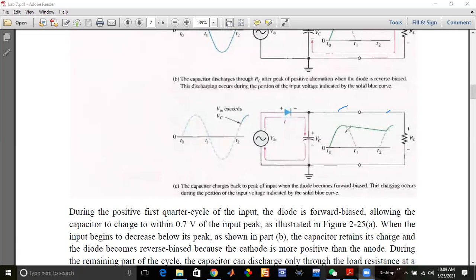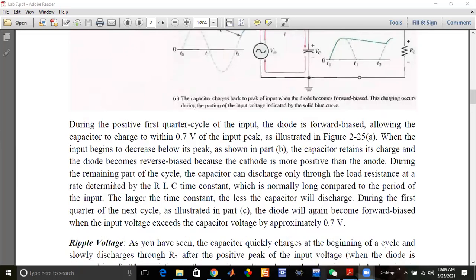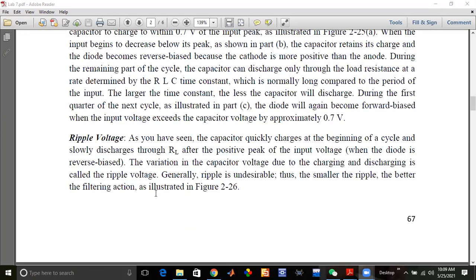This variation was large. Now this is the maximum charging voltage, this is the minimum discharging voltage. Then it becomes maximum charging, then maximum discharging. So the variation from charge to discharge is called ripple voltage.